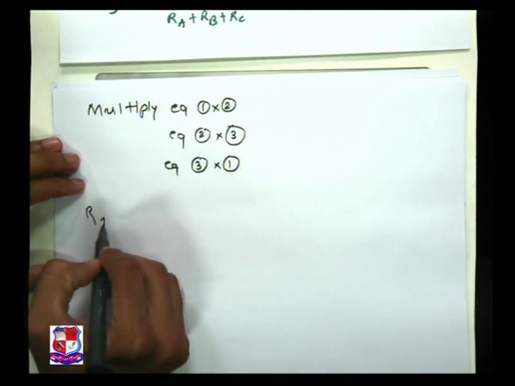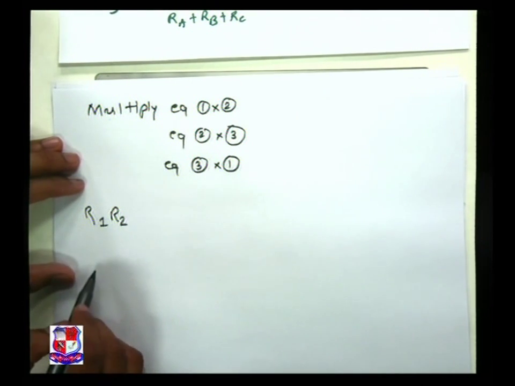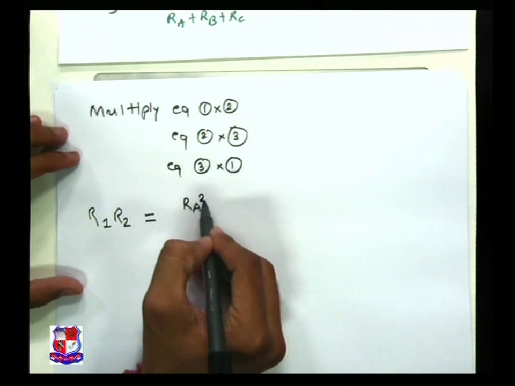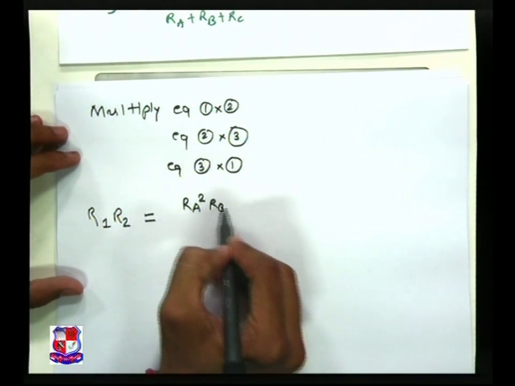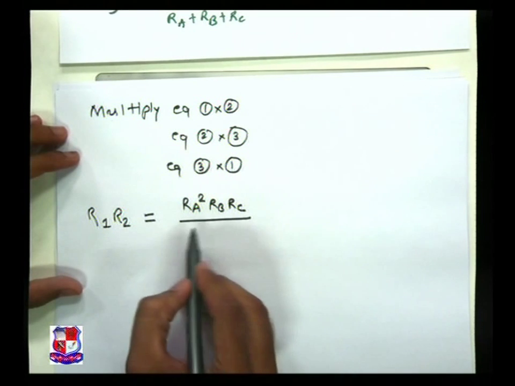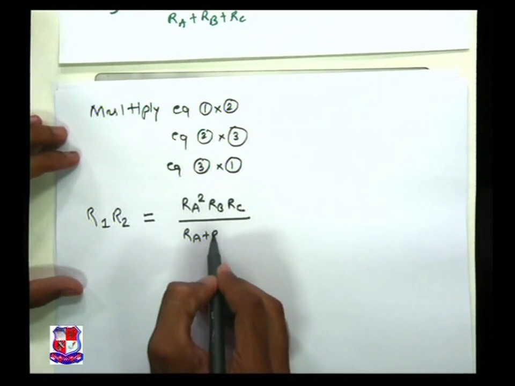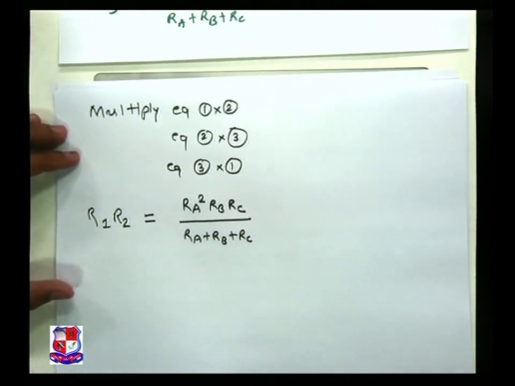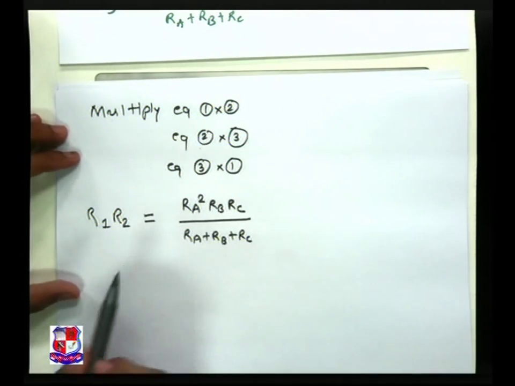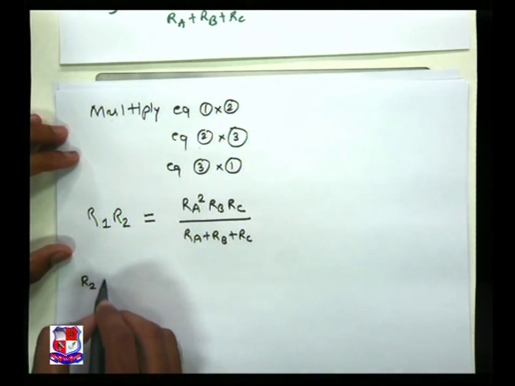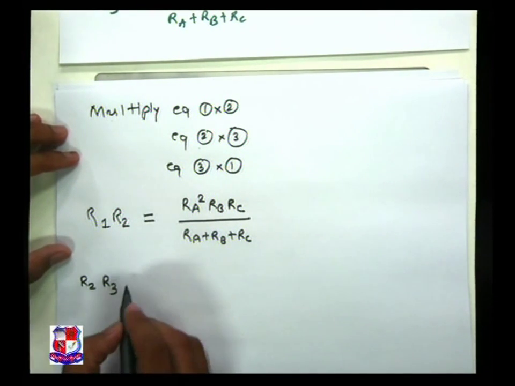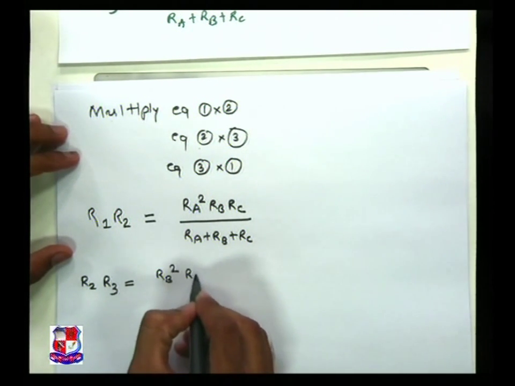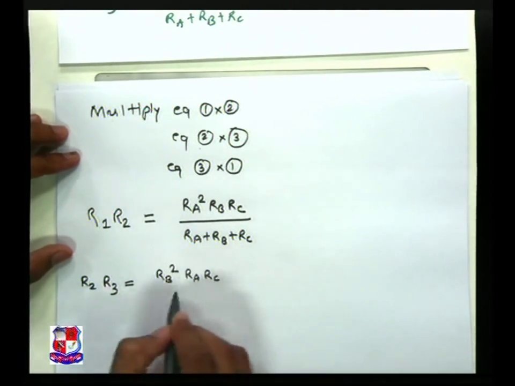On the left hand side we get R1 into R2 equal to RA square RB RC, denominator RA plus RB plus RC. Similarly if we multiply 2 into 3 we get R2 into R3 equal to RB square RA RC.